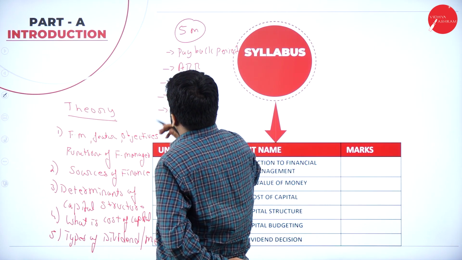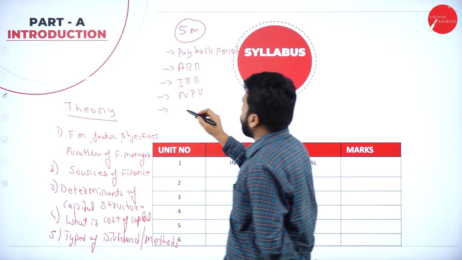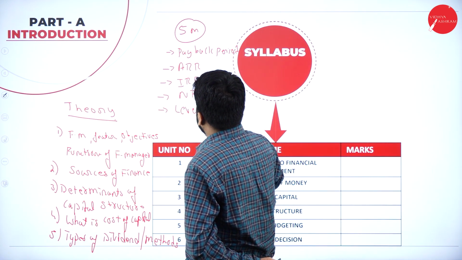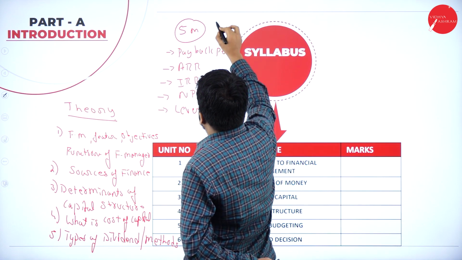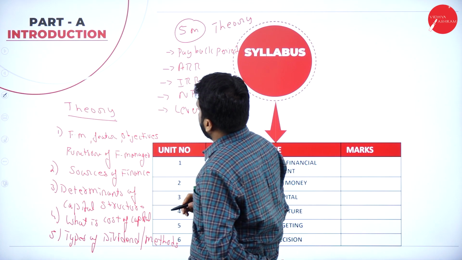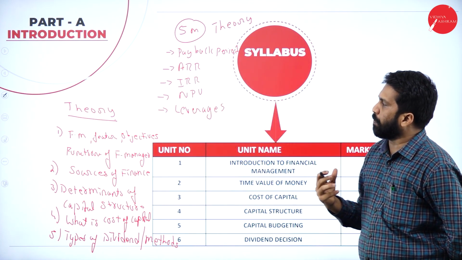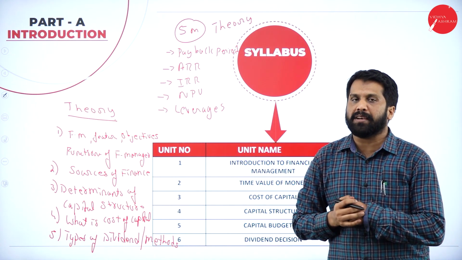And questions like this you may get. What is leverages? These are 5 mark theory questions. Clear? Motives of holding, that is FM2. These are the topics you may expect for 5 marks theory.